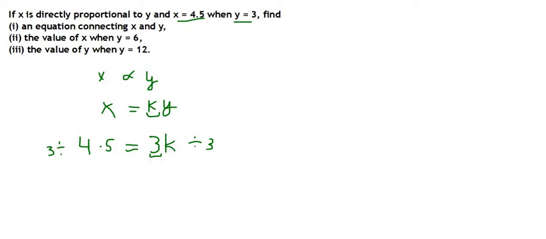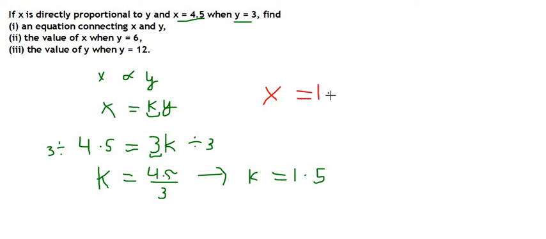Then we get k is equal to 4.5 by 3. 3 times 1.5 is equal to 4.5, so the value of k is 1.5. Now you can easily find the equation connecting x and y. The equation is x is equal to 1.5y.